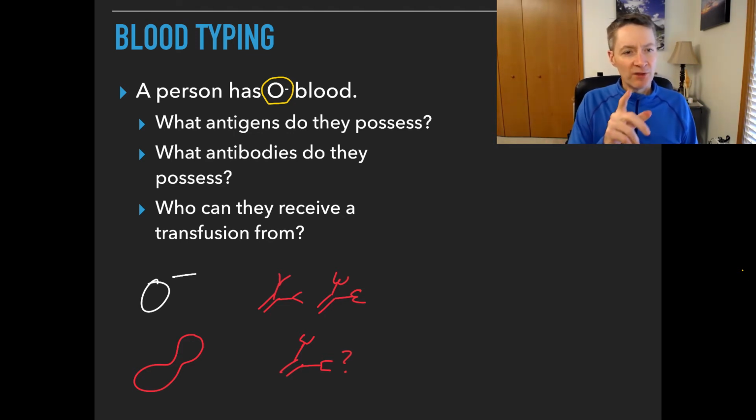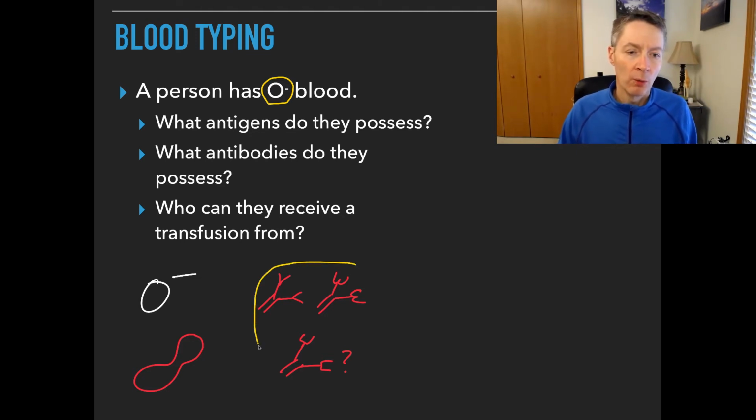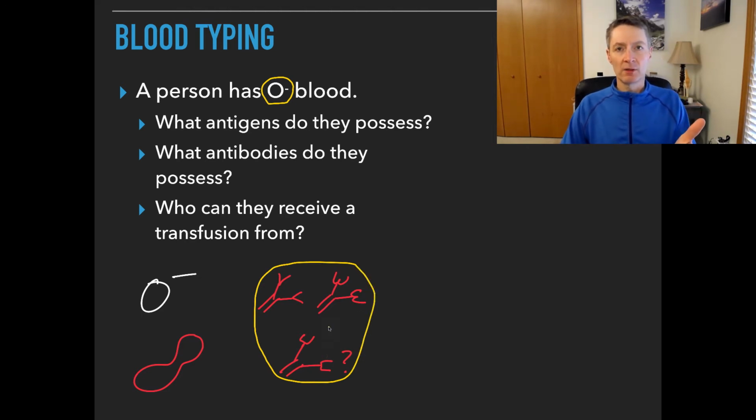And now I ask this last question, who can they receive a transfusion from? And I ask, well, who will somebody who's O negative attack? They'll attack all A's, all B's, and possibly any cells with the Rh factor on it. We don't know for sure, but would you want to take that chance, right?